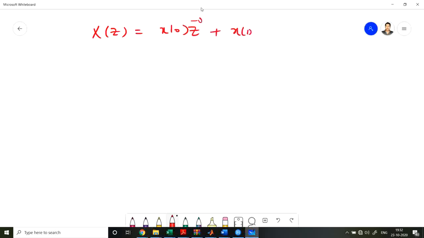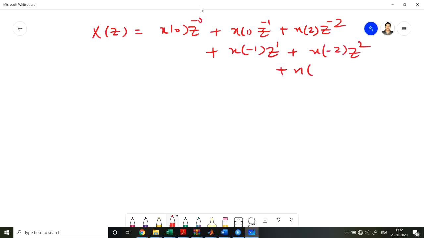So X(z) is equal to x[0] z raised to the power -0 plus x[1] z raised to the power -1 plus x[2] z raised to the power -2 plus x[-1] z raised to the power 1 plus x[-2] z raised to the power 2 plus x[-3] z raised to the power 3. So this is for N1 equal to -3 and N2 equal to 2.